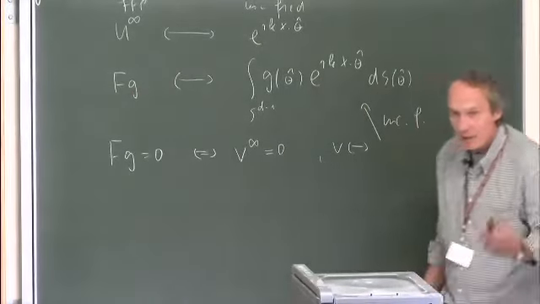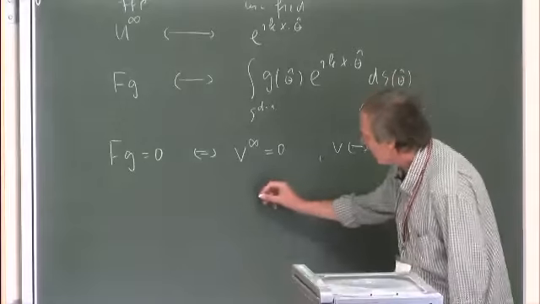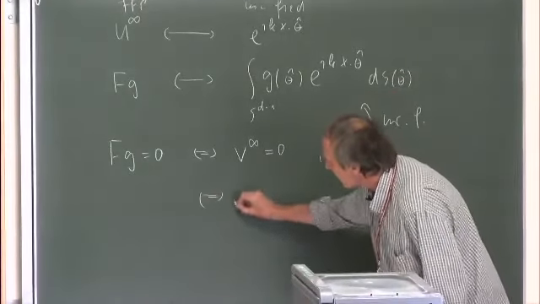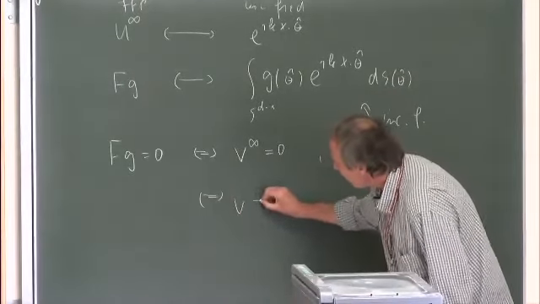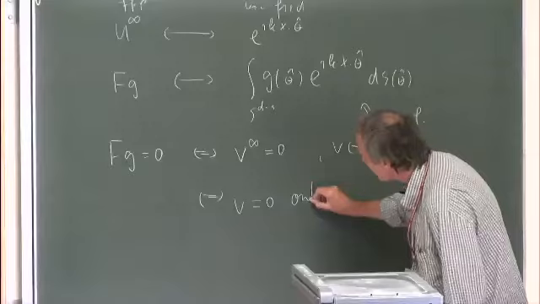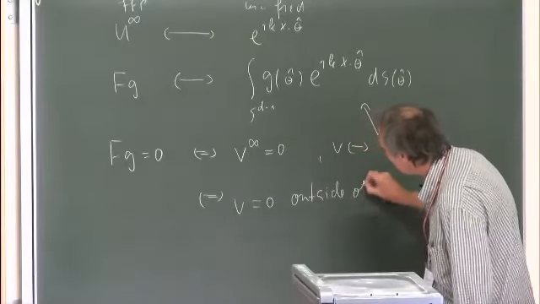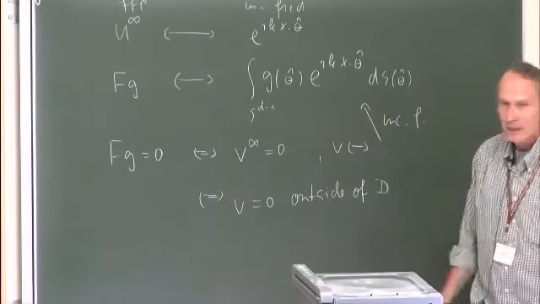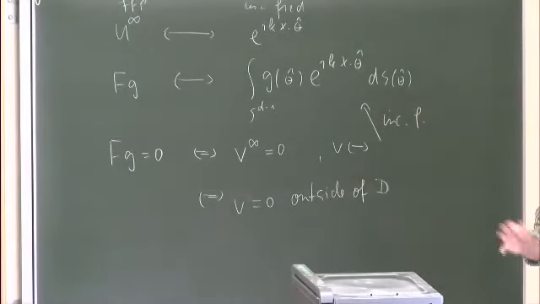Then Rayleigh's lemma, which we have seen, means that this is equivalent to v vanishing outside of D. Here I assume that D is connected.